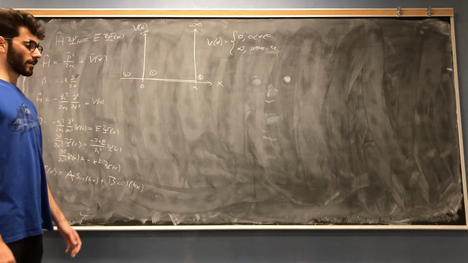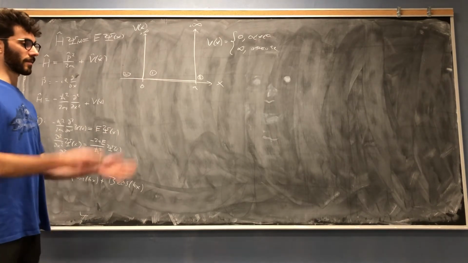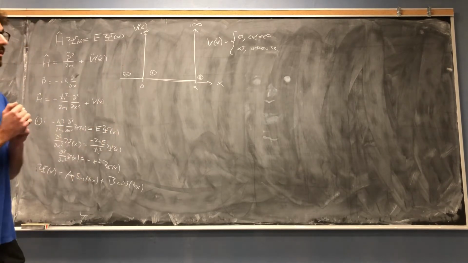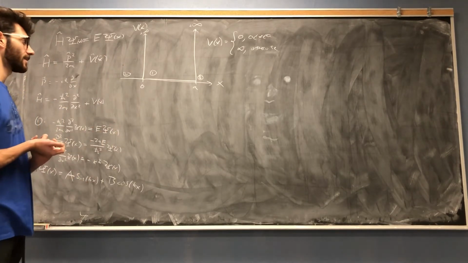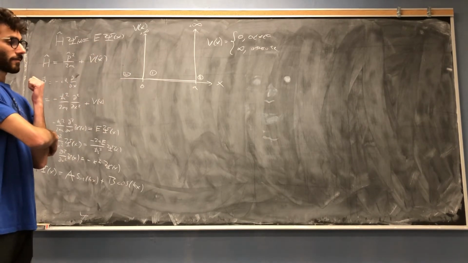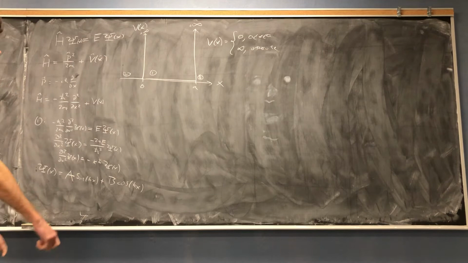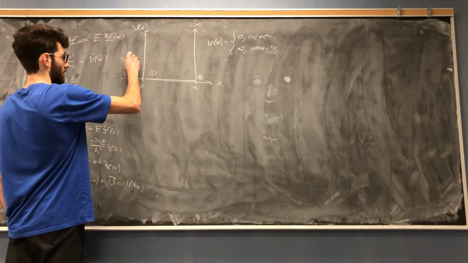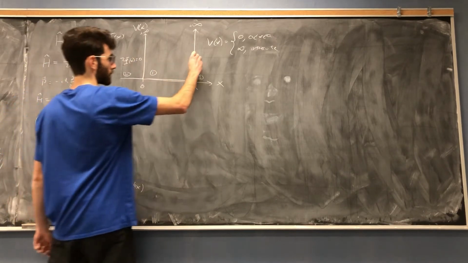It's like classically, what is the probability of finding a particle outside of a box with infinitely high walls? Even in quantum mechanics, where we have tunneling allowed, if the potential is infinite, then the probability of finding the particle there is still 0. So we can just immediately write down that the wave function in these regions is 0.